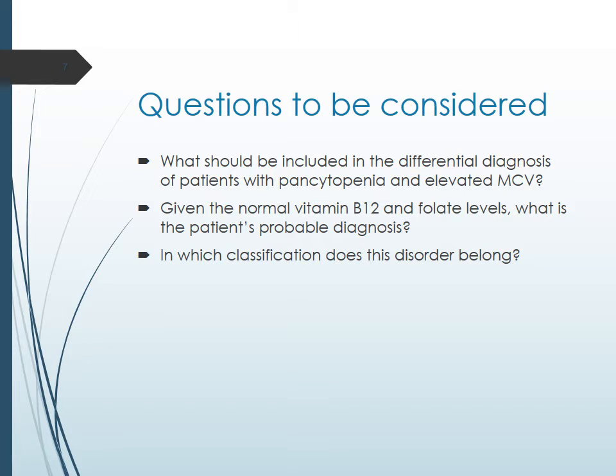What would you have seen in another disorder where you would have elevated MCV? Now, here in this patient you have a normal vitamin B12 and folic acid. So what is the patient's probable diagnosis? What classification does this disorder belong to?